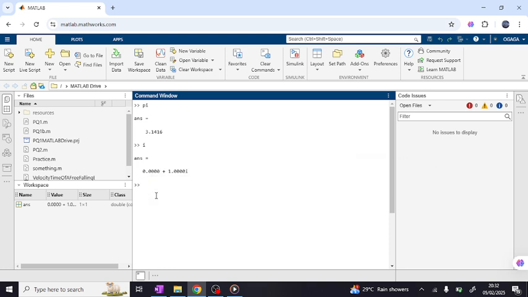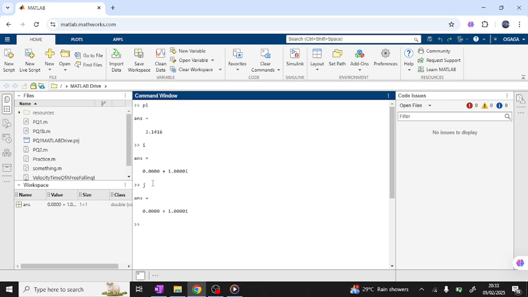Of course we do not have a real part, that's why we have 0.0000, but we have our imaginary part, the coefficient, the invisible one, so that's why we have 1.0000. If you do that with j, you also get the same thing.